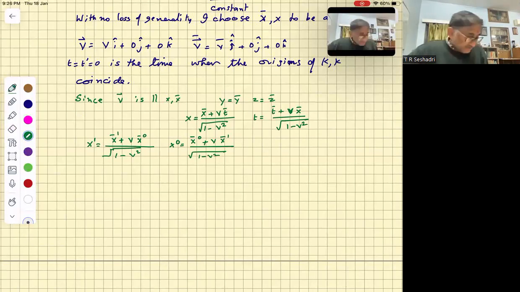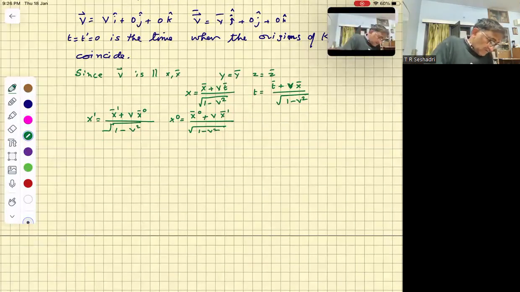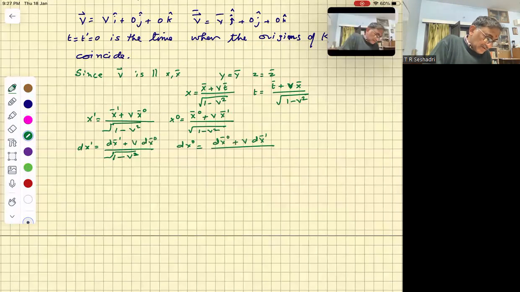And now what I can do is, let me take a differential. So I have dx1 is equal to dx bar 1 plus v dx bar 0 by 1 minus v square, and dx0 is equal to dx bar 0 plus v dx bar 1 by 1 minus v square.